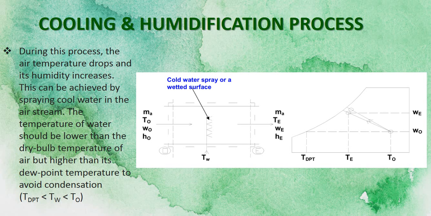The dew point temperature plus the dry bulb temperature at the initial condition will enable you to plot this point. Then it will be a constant dew point temperature process here. So it will end up here at the final temperature of the cooled humidified air. This is the final temperature. This is the humidity that you could see.